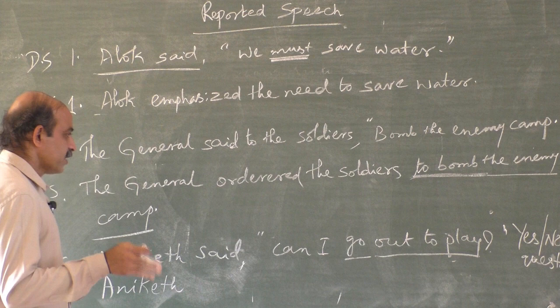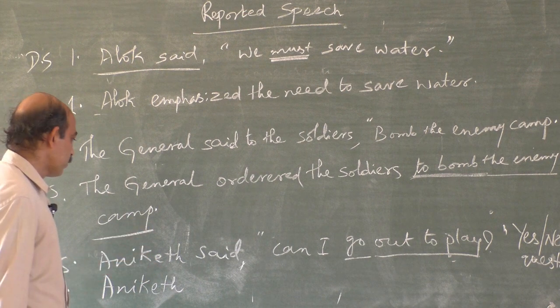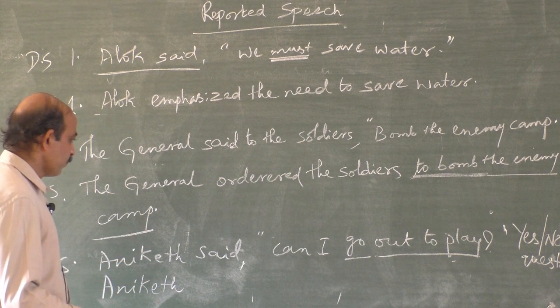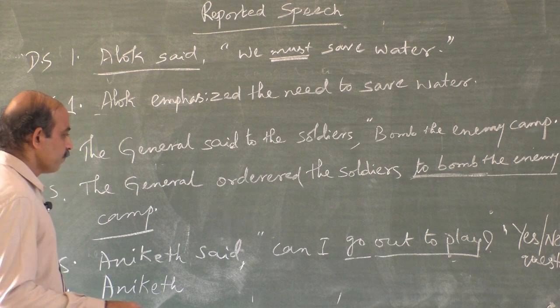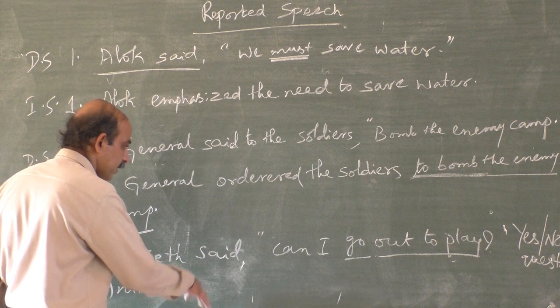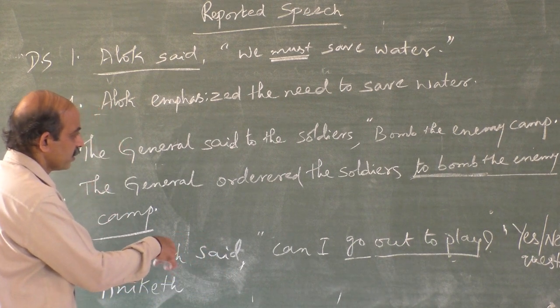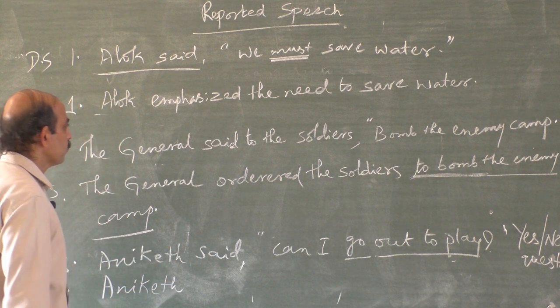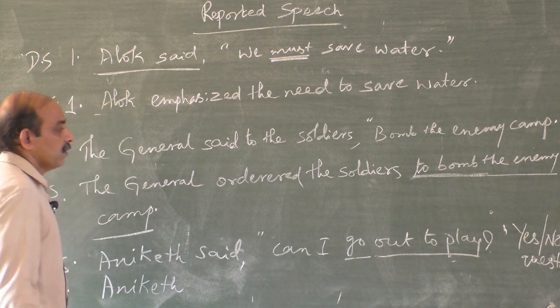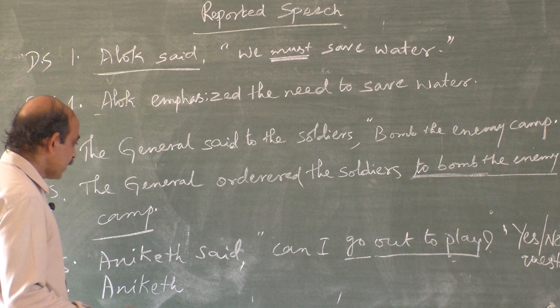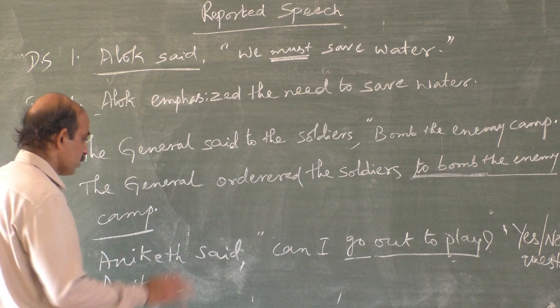If he asks his parents, parents have to give permission. If he asks his teacher, the teacher has to give permission. That is why you cannot write "Aniket said," and this is what I am stressing further and further, because students forget this fact. It is not "said" there, it is "Aniket asked."